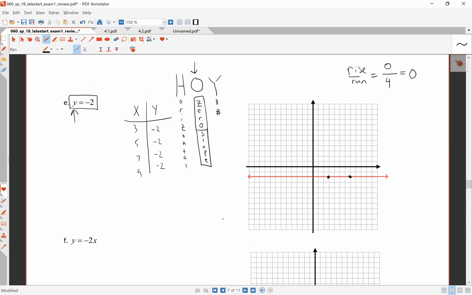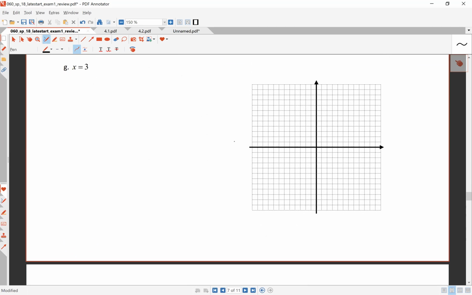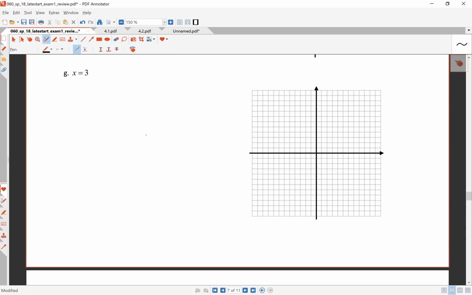And so what's the opposite of a horizontal line? Parallel? No, the opposite of a horizontal line is going to be a vertical line. Oh, yeah. So if the x's have to always be 3 this time, then my y values can be anything.